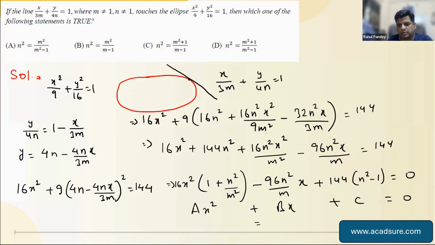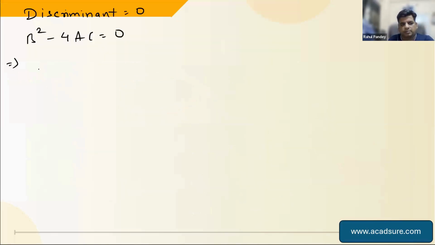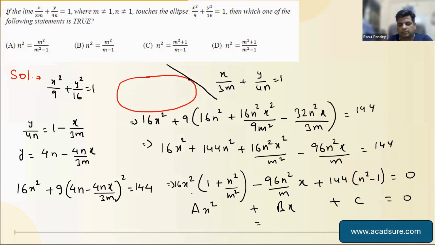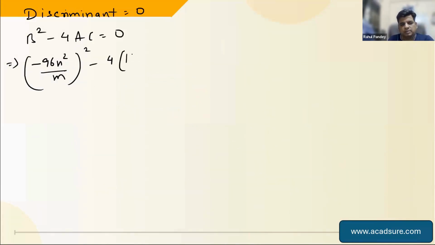So b square would be (96 n square upon m) whole square minus 4 into a, which would be 16 (1 plus n square upon m square), into c, which is 144 (n square minus 1), is equal to 0.